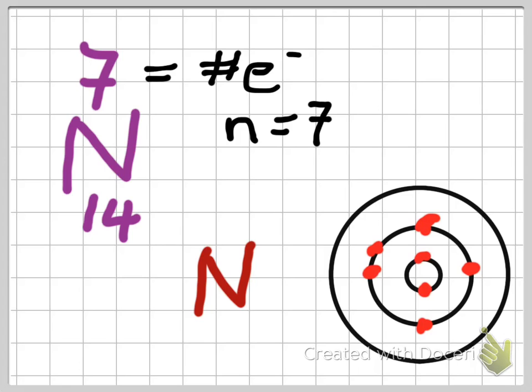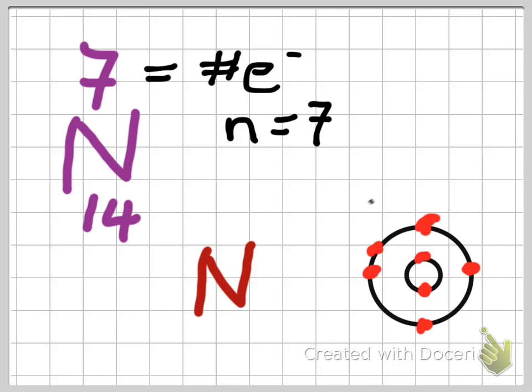Let me go ahead and take away the third one. We didn't need the third orbital. Okay, and let's go ahead and put the valence electrons on the Lewis structure. 1, 2, 3, 4, 5.